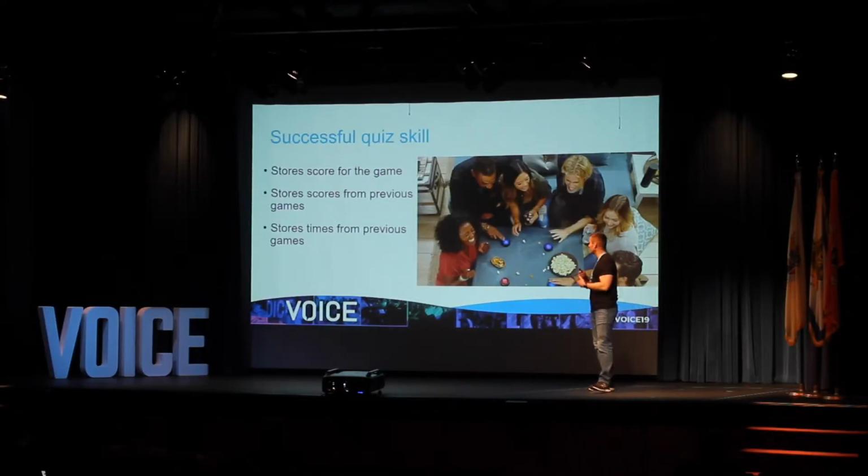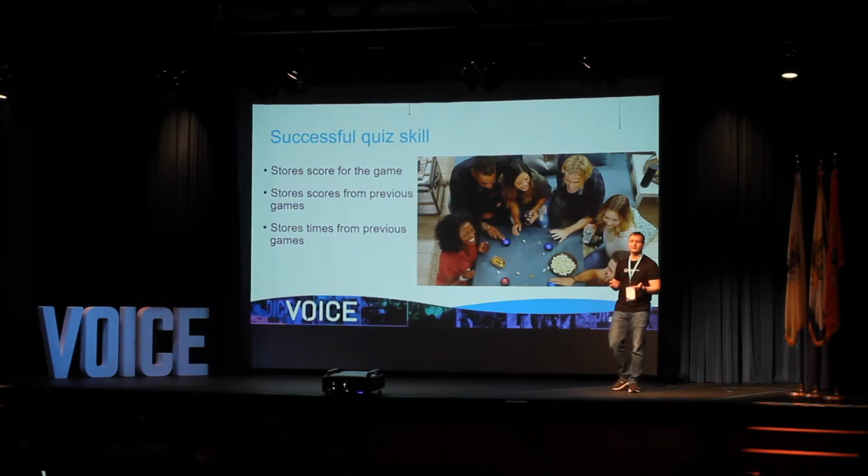A skill that does a very good job of doing this is Jeopardy. So a successful quiz skill like Jeopardy is going to, for example, store your scores from your previous games. It's going to know what your score is for that game. It's going to store when you've played it last and how frequently you've played it in the past. And it's going to use all of those to individualize the interaction to you.